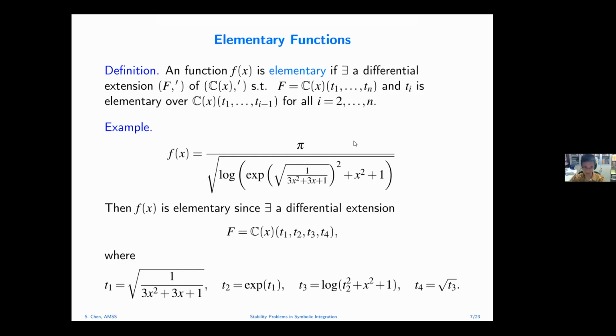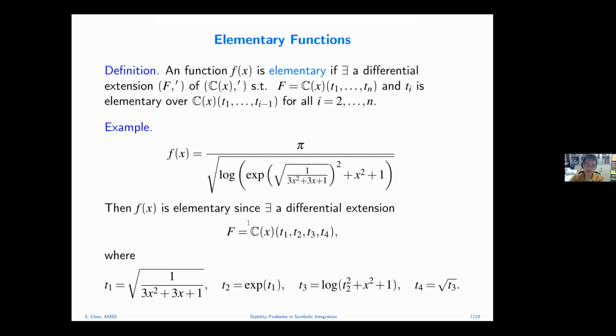So we have the feeling that this must be an elementary function. But now let's see what T1 to Tn really are. Here we can build the field which includes this function. T1 is an algebraic function, so T1 is elementary over C(x) because it is algebraic, and T2 is the exponential of T1.